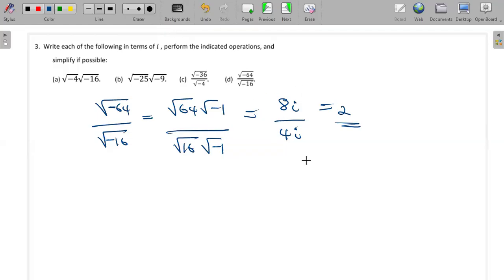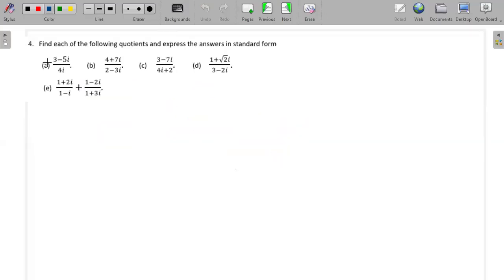All right, so next we have this. It's telling us to find each of the following quotients and express the answer in standard form. The standard form of a complex number is a plus bi, where this is the real part and this here is the imaginary part.